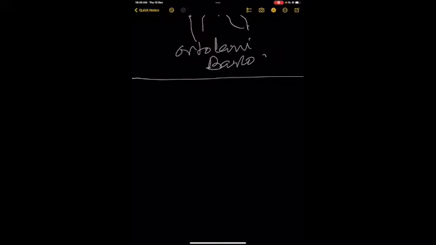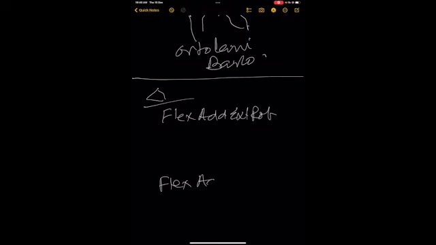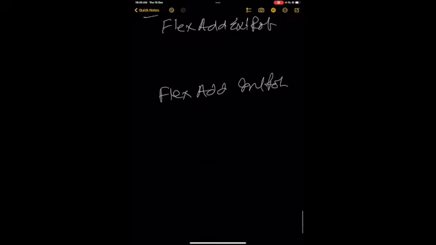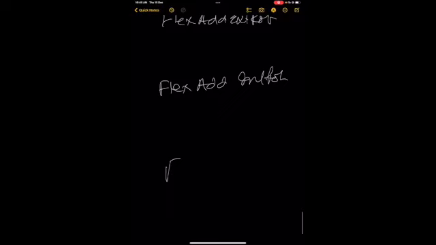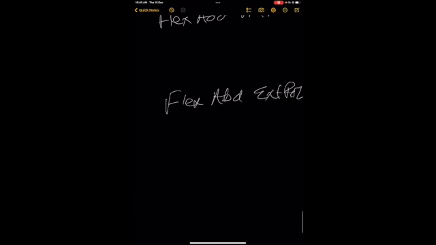So after completion of the hip examination, you come to diagnosis. When you come to diagnosis, you classify your patient into flexion, adduction, external rotation, then flexion, adduction, internal rotation, then flexion, abduction, external rotation, and then none of these.